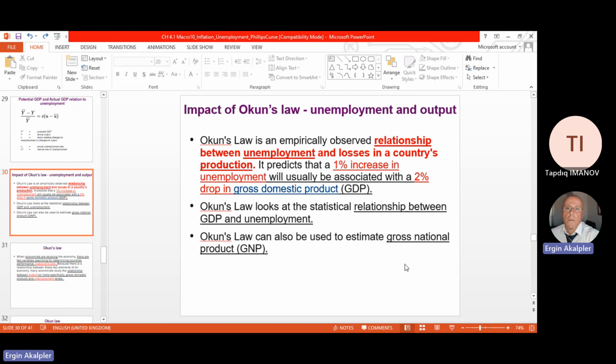Therefore, only a 1% increase in unemployment negatively affects the economy, and the GDP drop will double it as a percentage, so a 2% reduction in the GDP or output is expected. Okun's law looks at the statistical relationship between GDP and unemployment, and it can also be used to estimate gross national product.